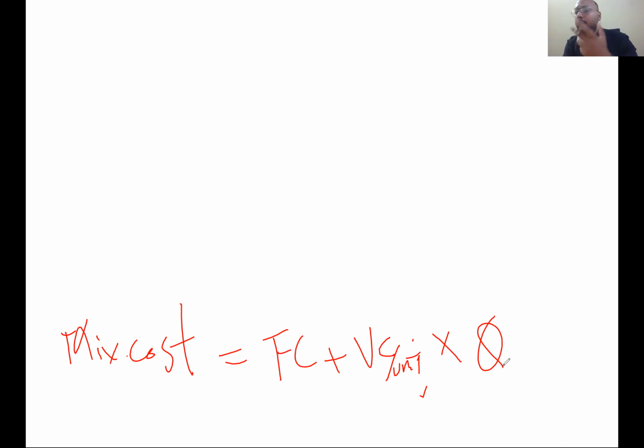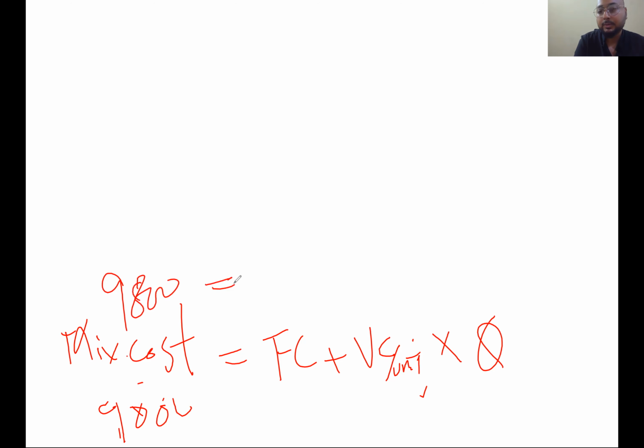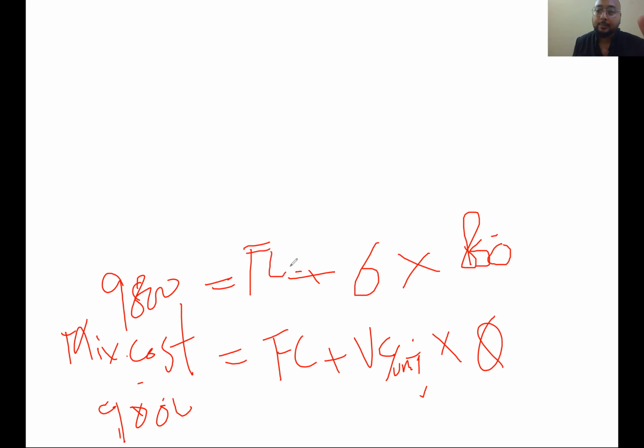So we take either of these. We know that 9,800 was the mixed cost. Fixed cost we don't know yet. We found that the variable cost is 6 and the units was 850. So can you find out the fixed cost? Rearrange the equation, you can find out.